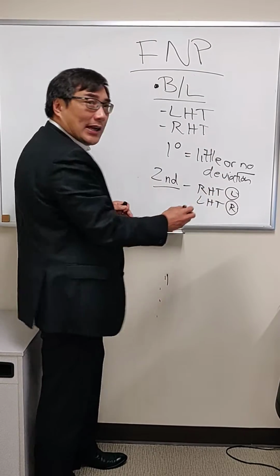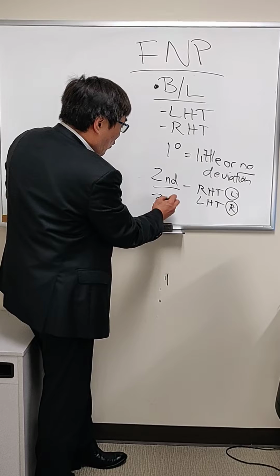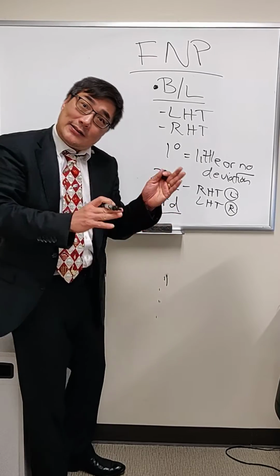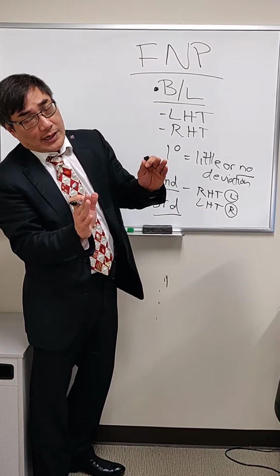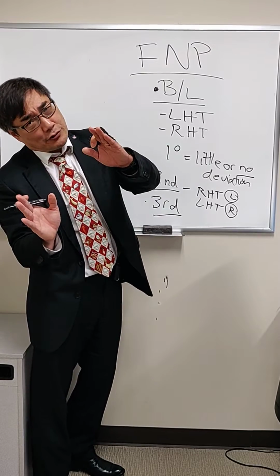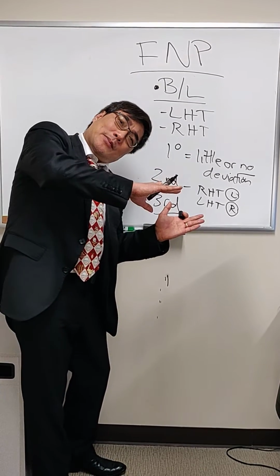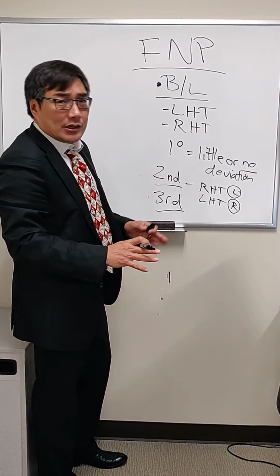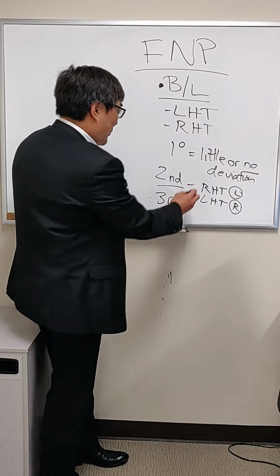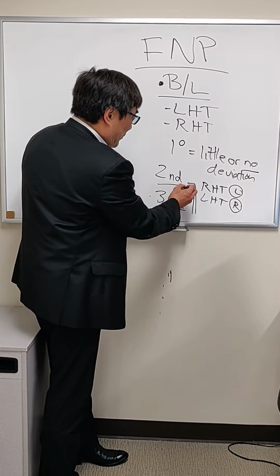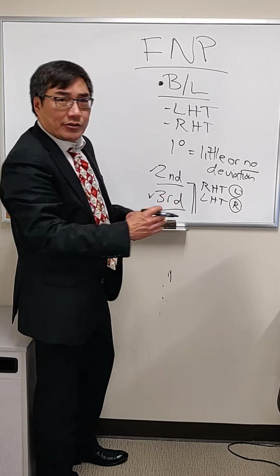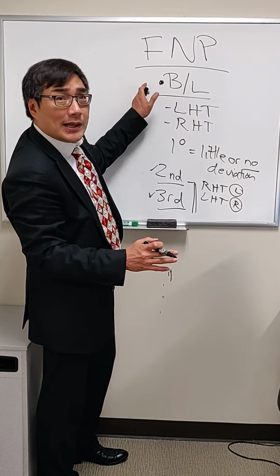So if it's a reversing hyper on the second step, or on the third step, which is the head tilt test. If we have a reversing hypertropia, a right hypertropia on right tilt, and a left hypertropia on left tilt, that is also a reversing hypertropia. And so the reversing hypertropia on either the second or the third step of the three-step test suggests it's bilateral.